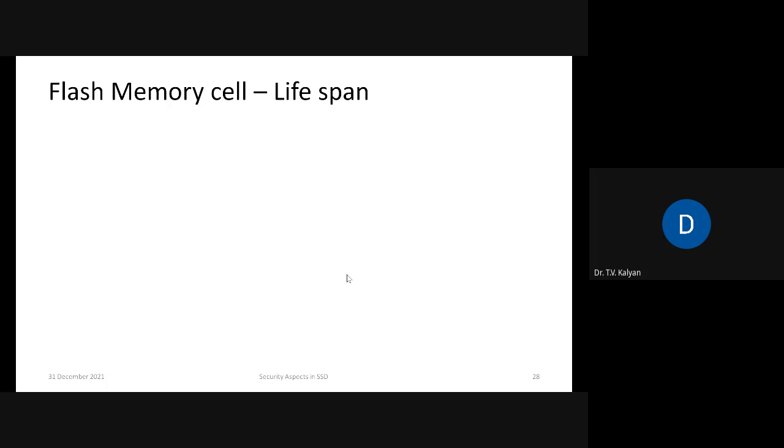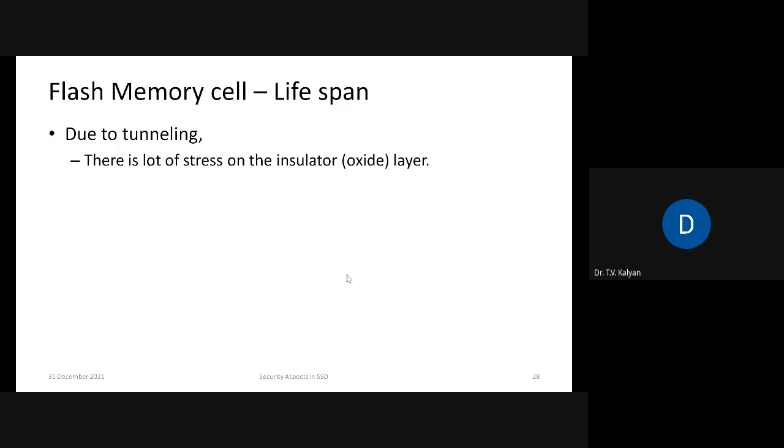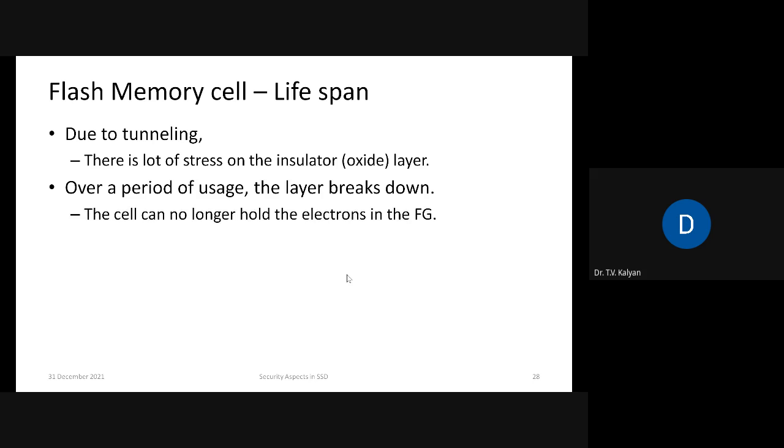The tunneling that happens through the metal oxide leads to a lot of stress in it, and because of this, eventually the metal oxide breaks, meaning that the transistors will no longer be able to trap electrons. This process is in general called endurance, meaning the number of times we can write or erase a flash cell.